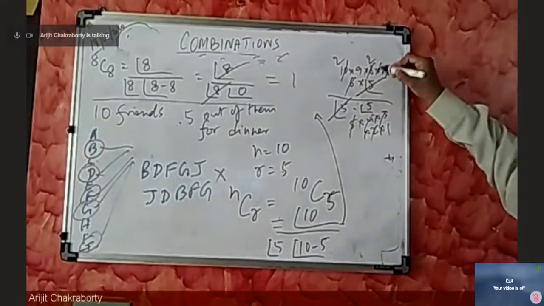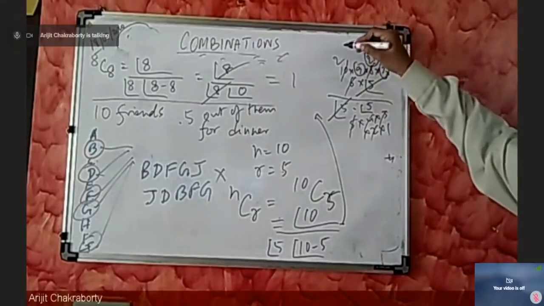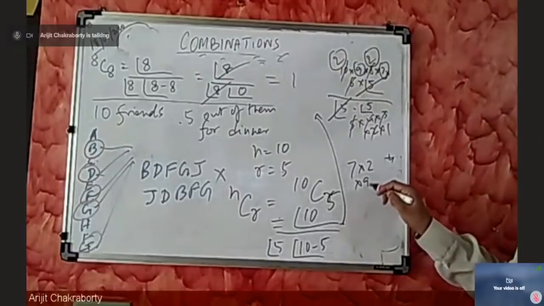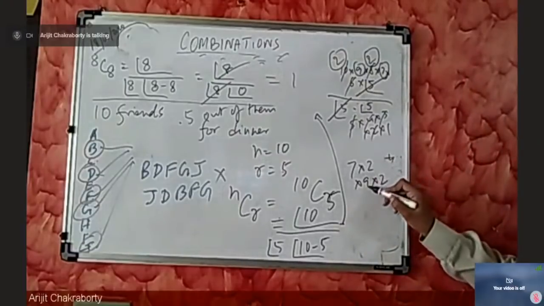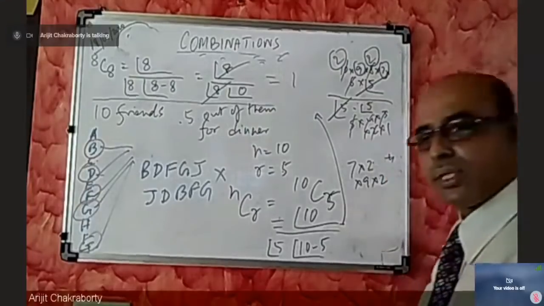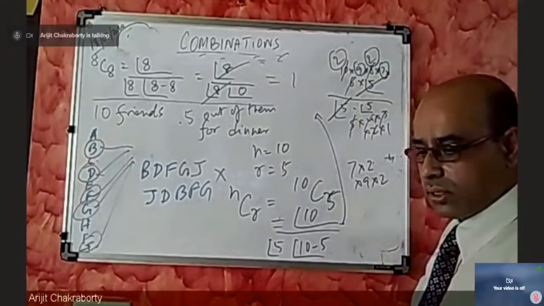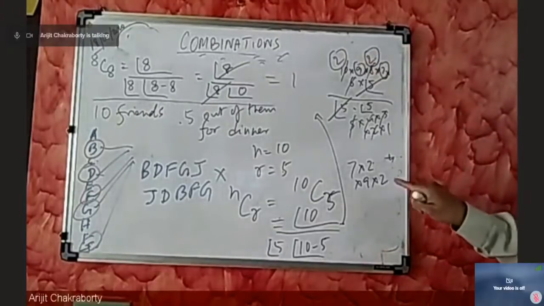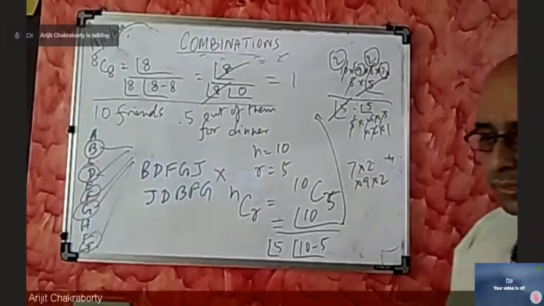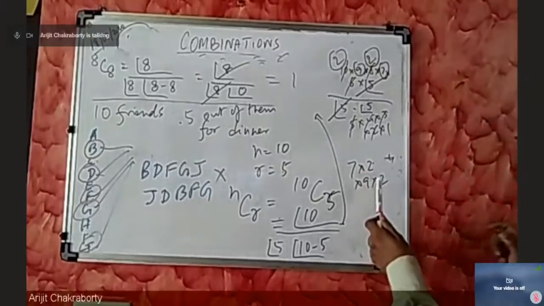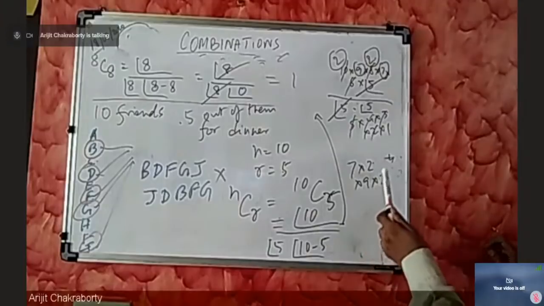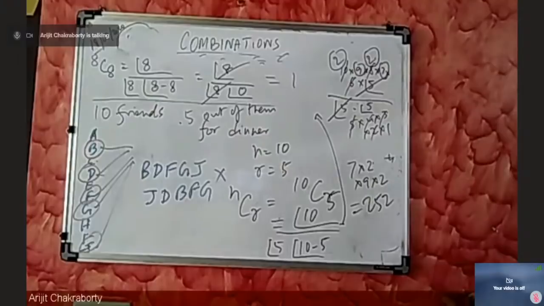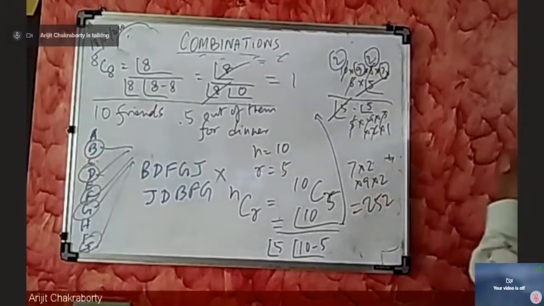So we are having 7, 2, 9 and 2. So 7 into 2 into 9 into 2. That is 7 nines are 63 into 2, 126 into 2. So this is 252.